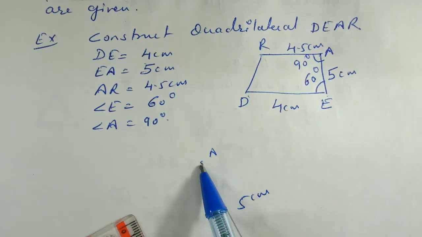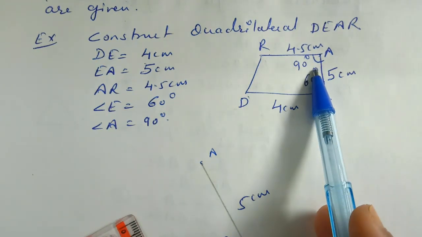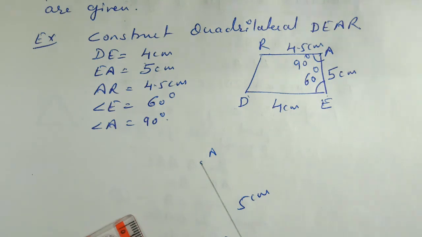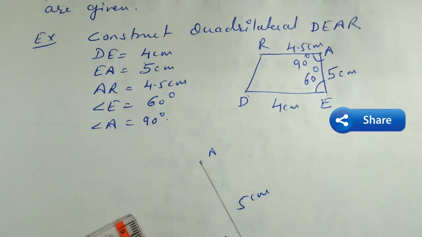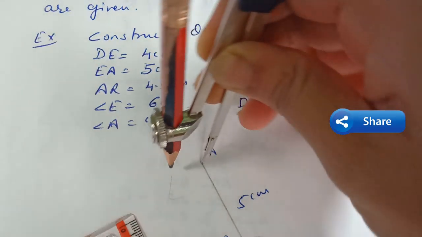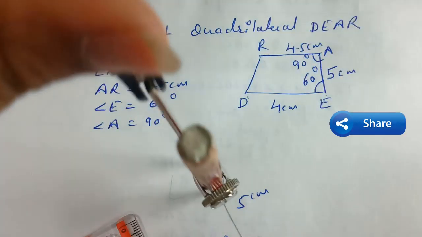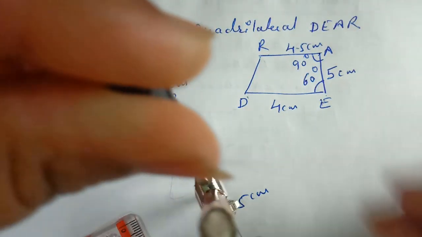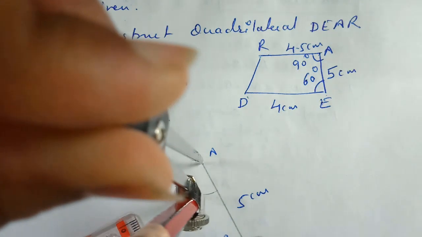Now at angle A, what is the measurement given? 90 degree. So again we have to use the compass. We know how to draw the angle of 90 degree. You have to take the compass, take a little measurement in it, keep the compass at point A, and draw an arc like this.